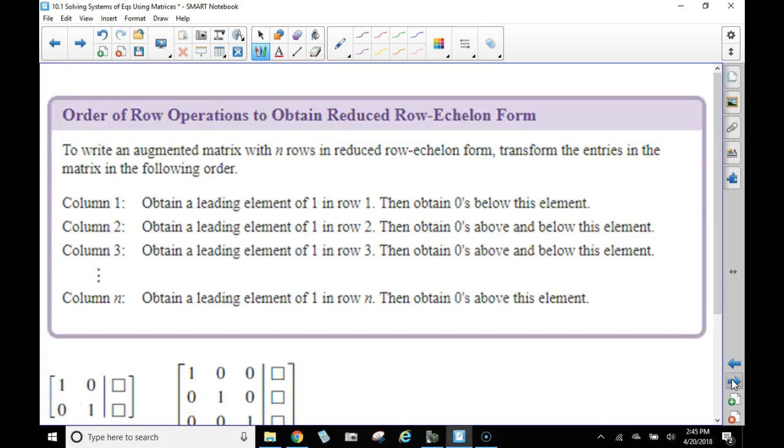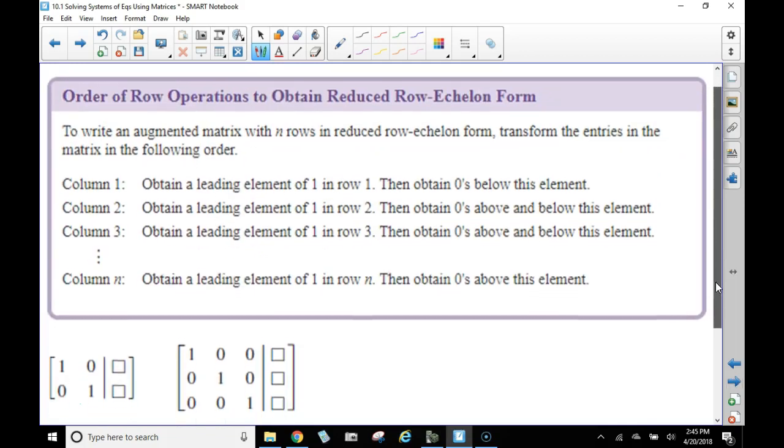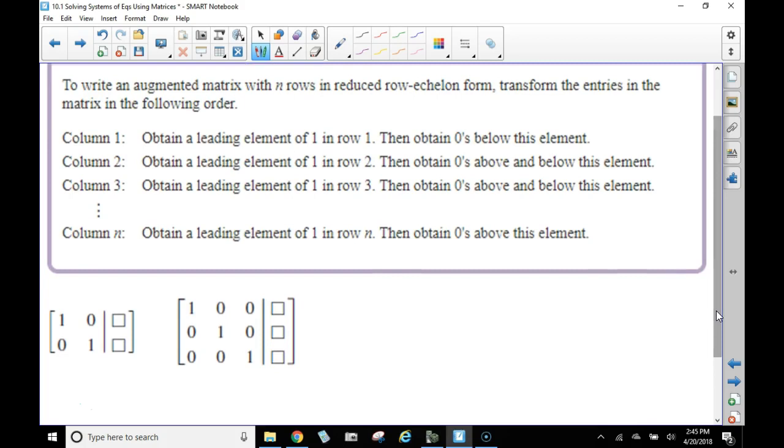That is called Gauss-Jordan reduction when you do your elementary row operations to get your matrices in reduced row echelon form. Reduced row echelon form has the zeros up top here as well.